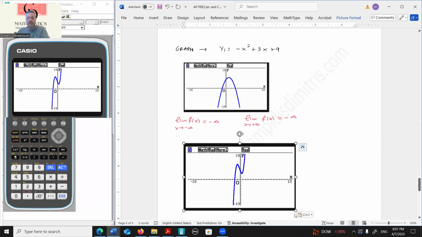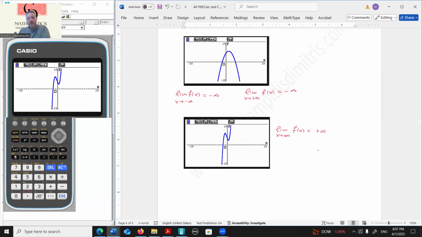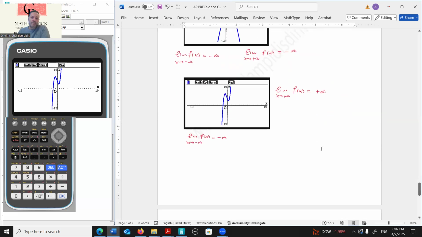And here we have a different interpretation. In this case, as we go to the right, as we increase without bound, it gets infinitely upwards, and as we get to the left, it gets infinitely downwards.